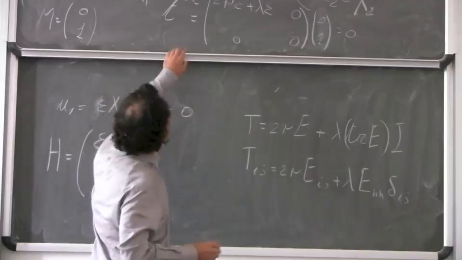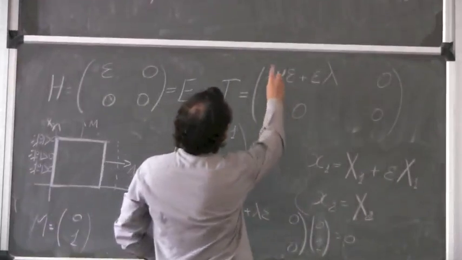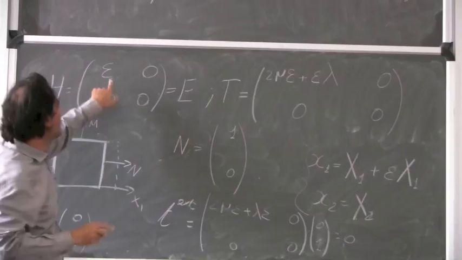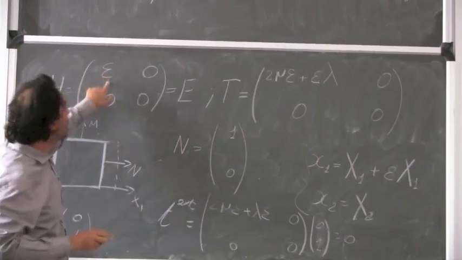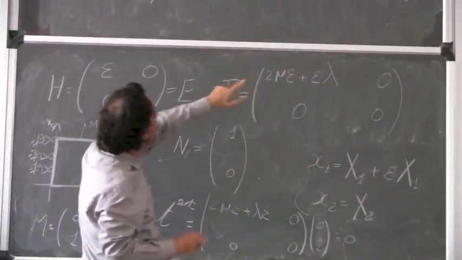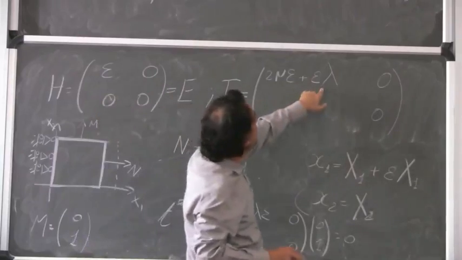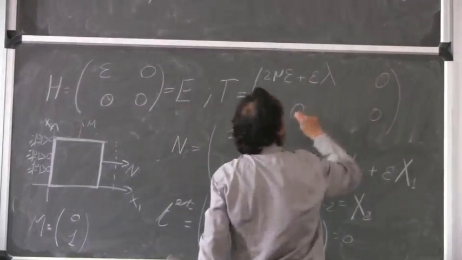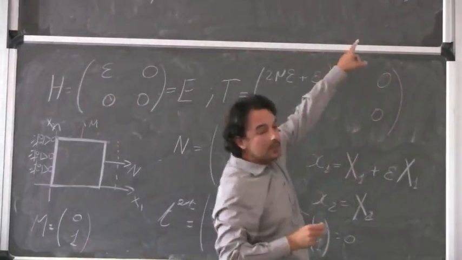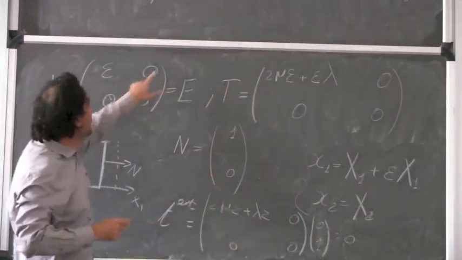So the component 11 is correct because it is 2 mu E11 plus trace of E multiplied by lambda. In the off-diagonal term, delta ij is 0, Eij also is 0.